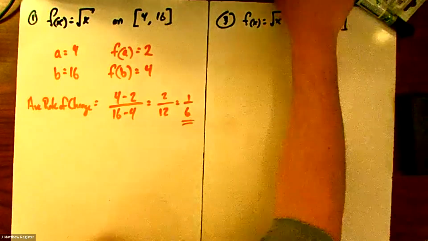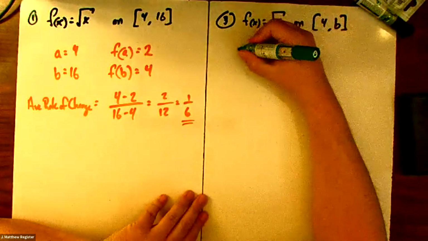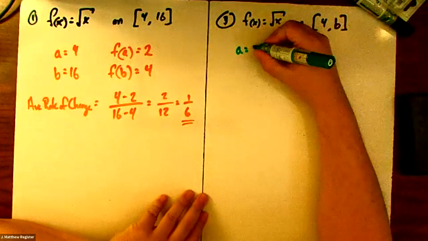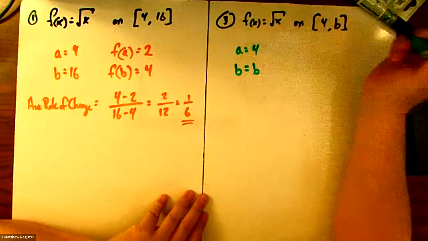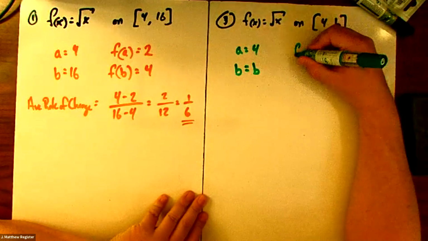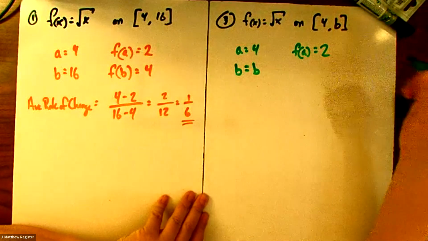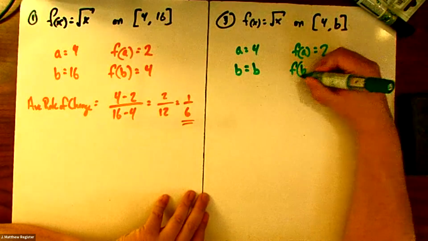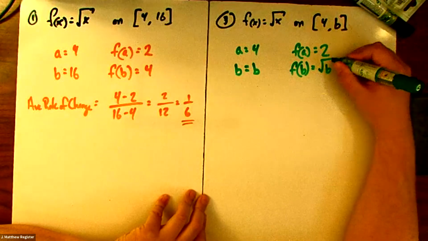And so when we calculate this one out, well, again, our a is just going to be 4. Our b is now just b. Our f of a is still going to be 2. And our f of b is the square root of b.